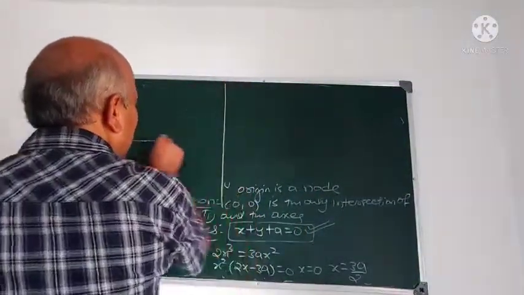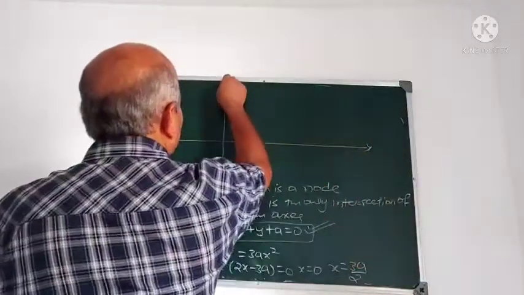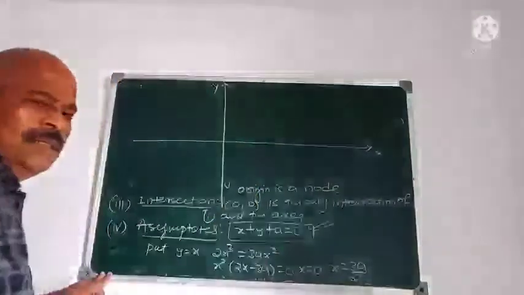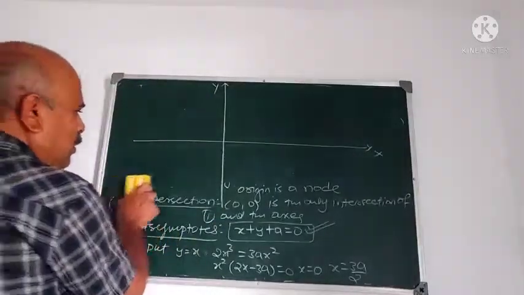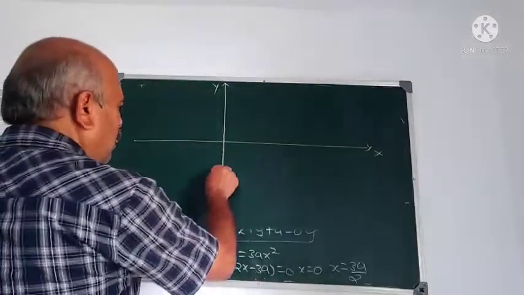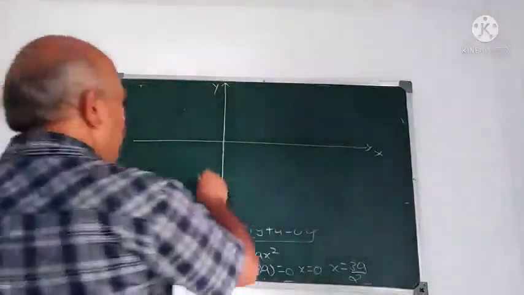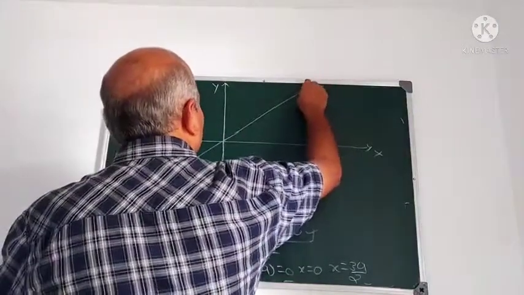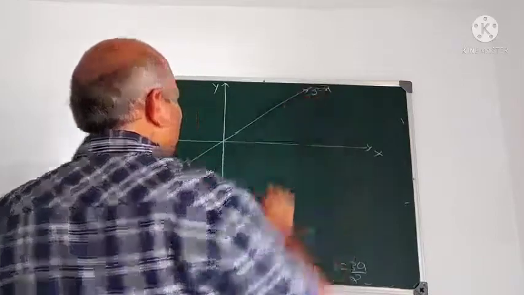Now with these things, I explain the shape of this standard curve. It is the folium of Descartes. To draw the curve, what are the things we know here? One is that the curve is symmetric about the line y is equal to x.